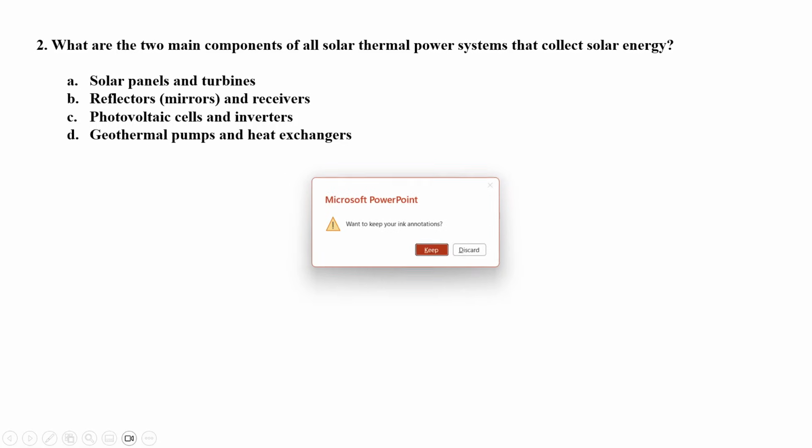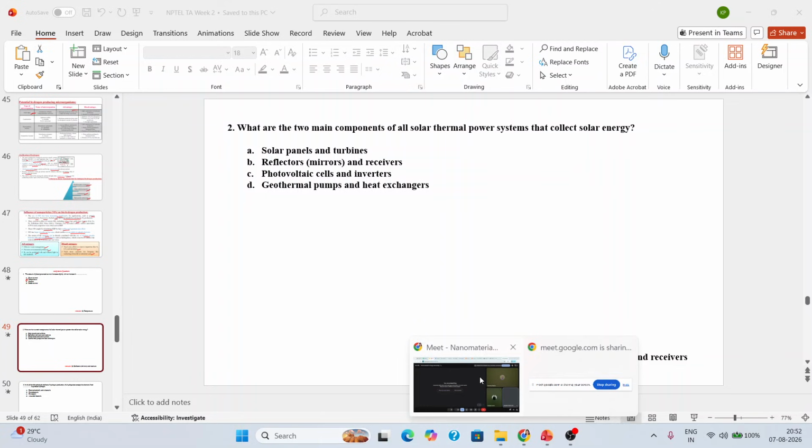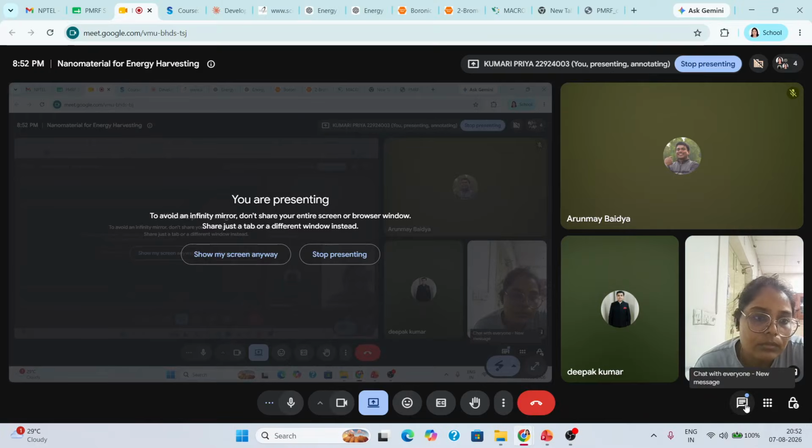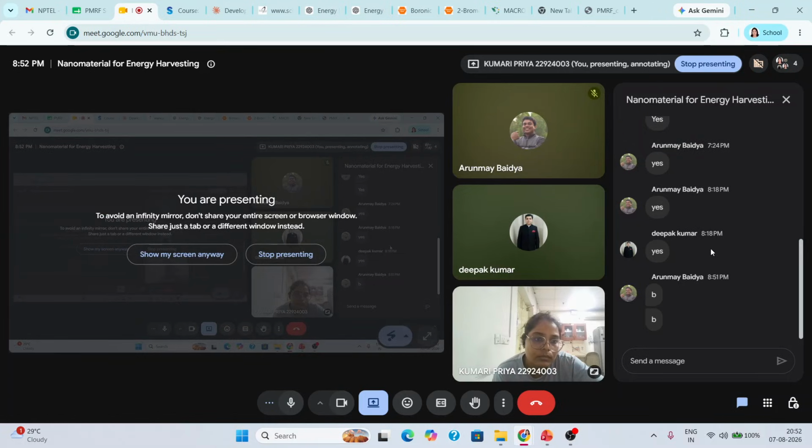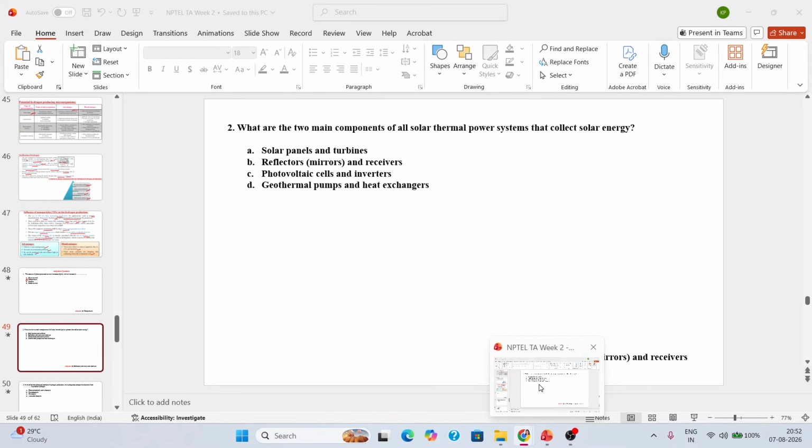Okay. Now coming on to what are the two main components of all solar thermal power plants that collect solar energy. Yes, the answer is correct. It is B, that is the reflectors and receivers.